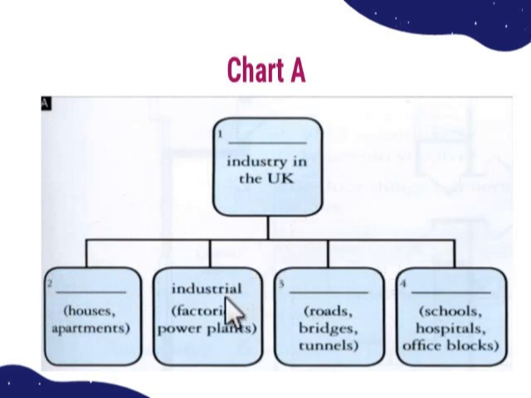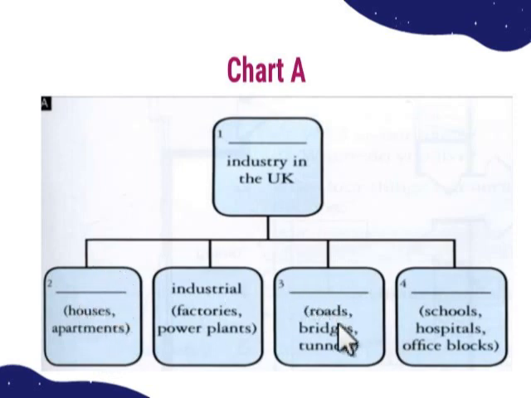Like the example of industrial here, the kinds of buildings built by the construction industry in the UK, like factories and then power plants. What about this one, the industry in the UK? So what is the best title to fill in number one? And then for number two, there are houses and apartments. So what kind of sector is it?